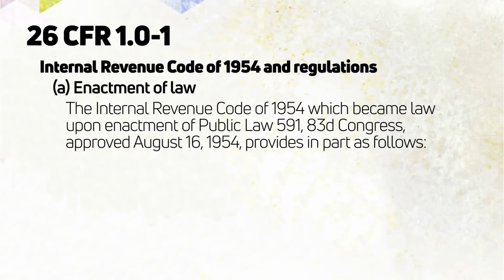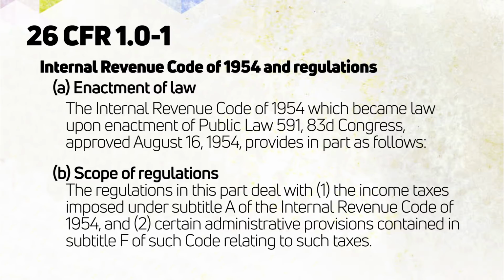The impact of this statement is profound. In subsection B, Scope of Regulations, you'll find stated in part, the regulations in this part deal with 1. The income taxes imposed under Subtitle A of the Internal Revenue Code of 1954, and 2. Certain administrative provisions contained in Subtitle F of such code relating to such taxes.